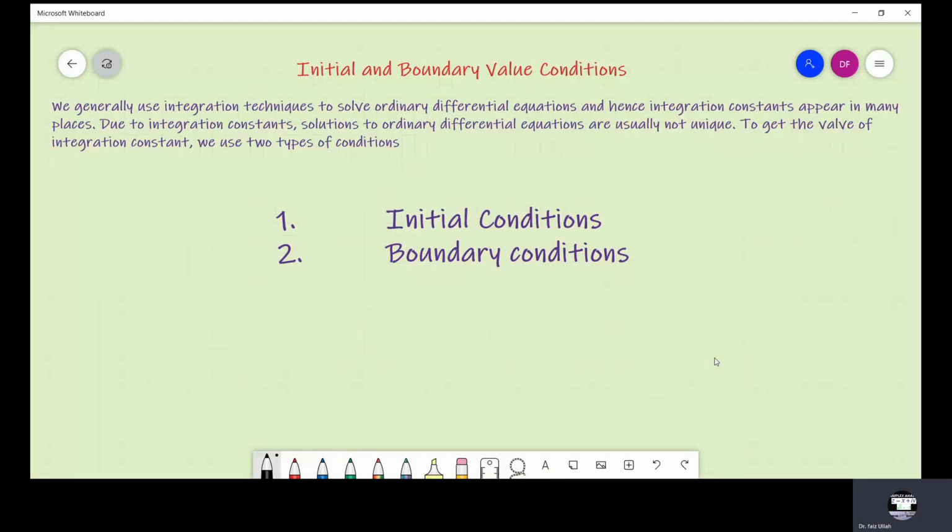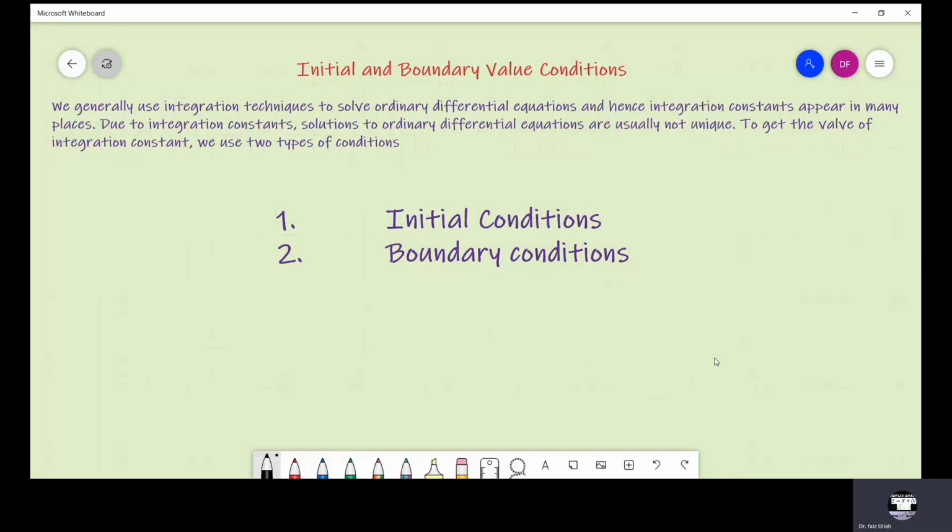Initial and boundary conditions. In this course, later on, we shall study different methods to solve ordinary differential equations. We will see that we use integration techniques to solve ODEs, and hence integration constants appear in many places.